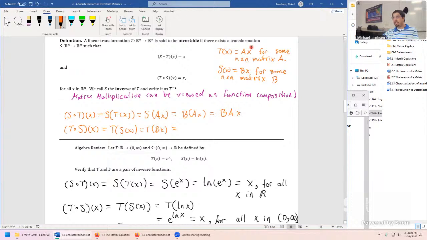It can be placed right here when we do the transformation T. So back over here, this is now A times B times X. So this becomes AB times X, but T is invertible. S is the inverse. Both of these equal X. That means B times A is the identity mapping or matrix. A times B is also the identity.